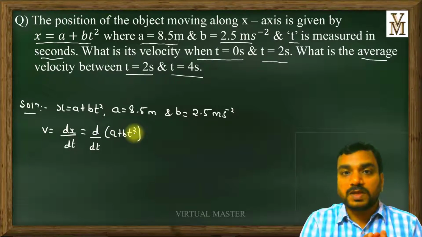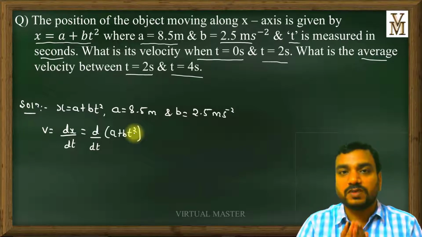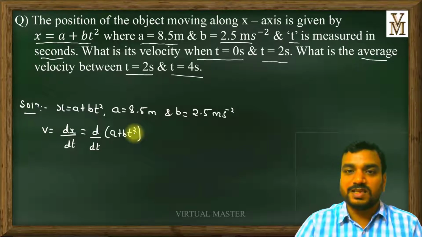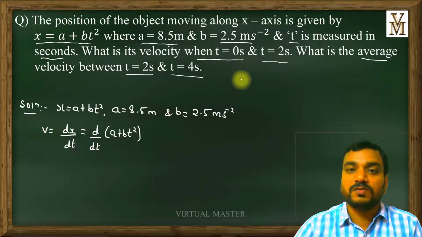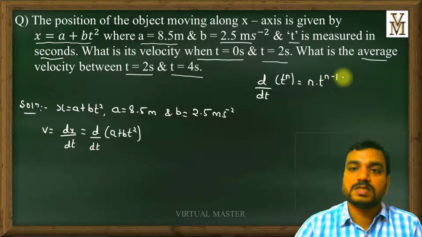While solving the previous problem, we discussed how to differentiate a constant and how to differentiate a variable with power n. The differentiation of a constant is equal to 0, and d by dt of t to the power n is equal to n into t to the power of n minus 1.